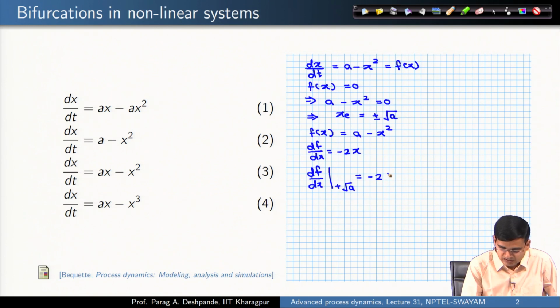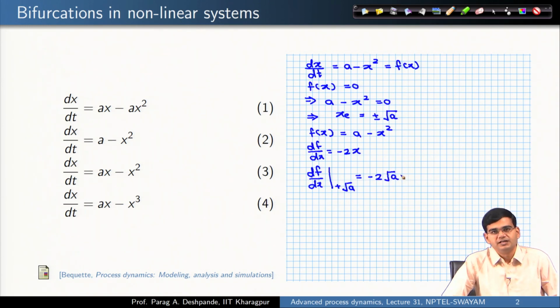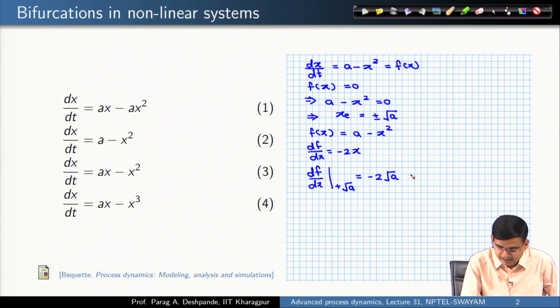Minus 2 root a. Since a is under the root, it has to be a quantity which would give me a real quantity, because my bifurcation plot has a real axis. So, therefore, this will always be less than 0, which means my system is stable.